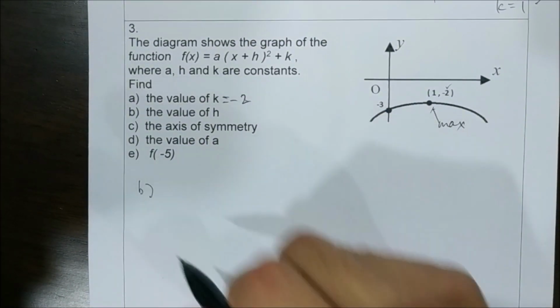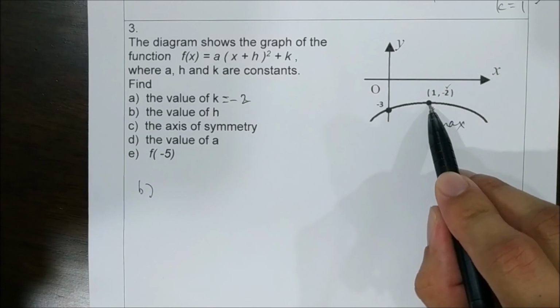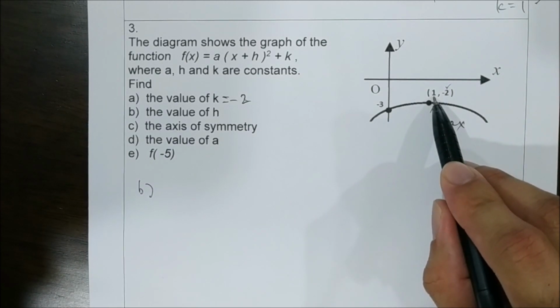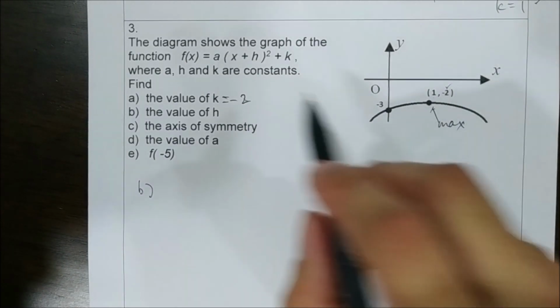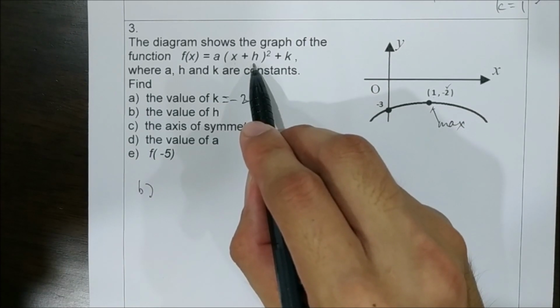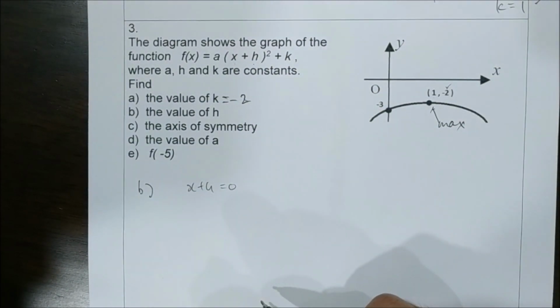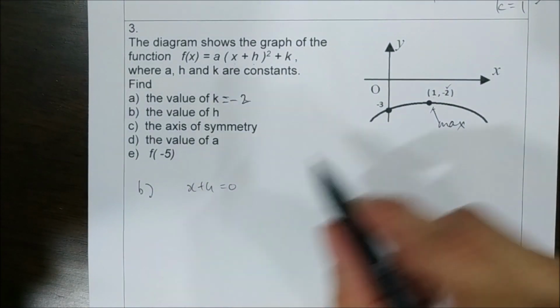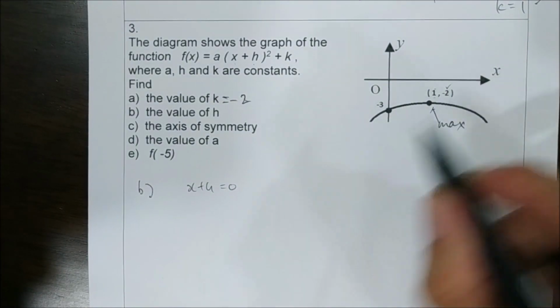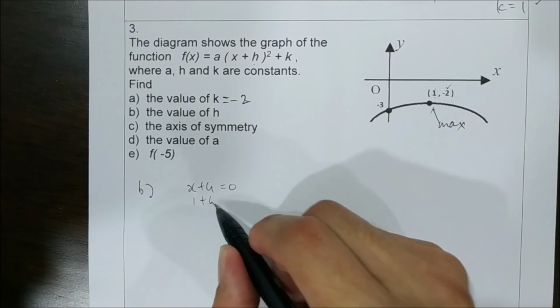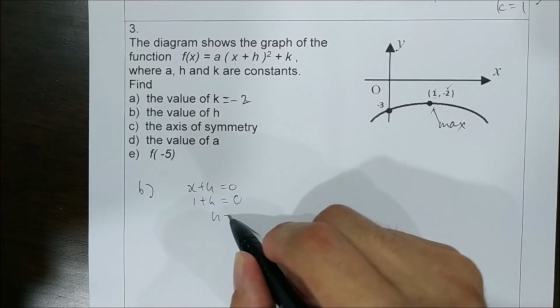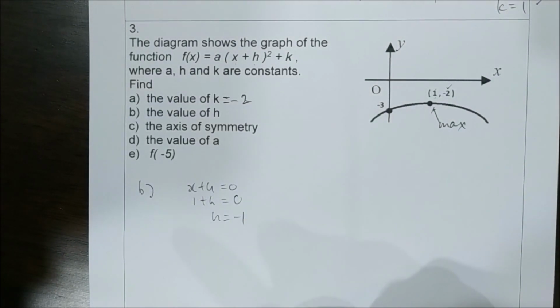For question B, at the maximum point, x equals 1. And at the maximum point, x plus h equals 0. So x plus h equals 0 at the maximum point, and at that point, x equals 1. So I replace 1 here. So h is equal to negative 1.